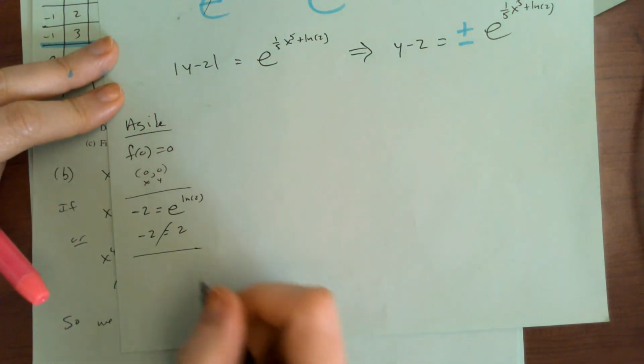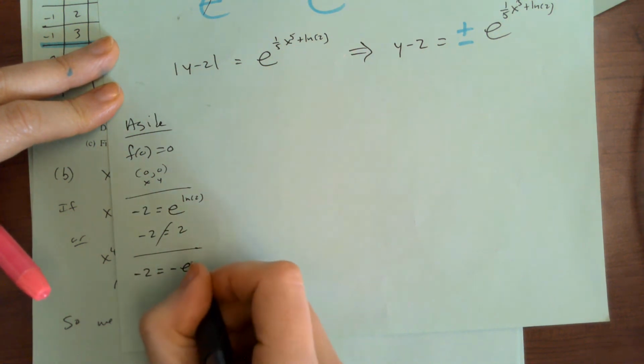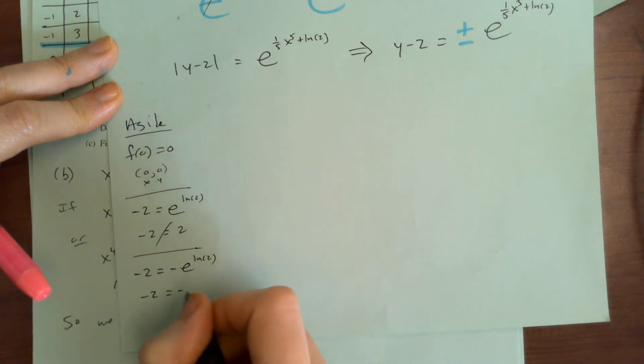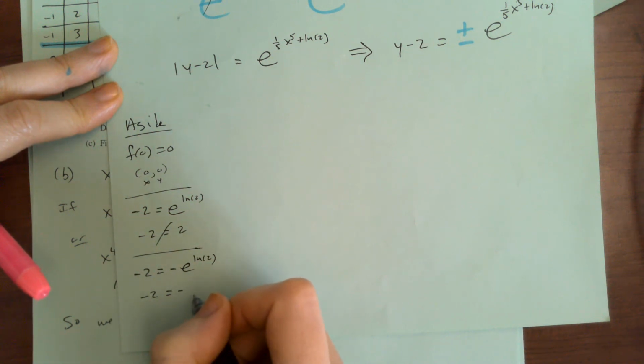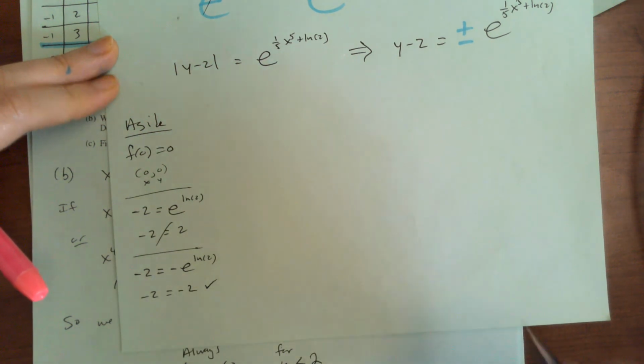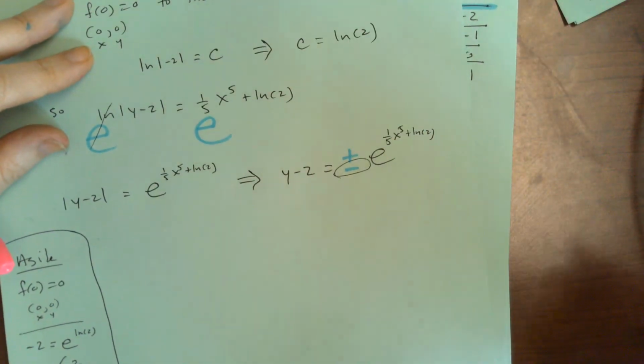Now let me do the negative case. So -2 equals -e to the natural log of 2. -2 equals -2. That one works. All right, so the aside is telling me that it's the negative one.